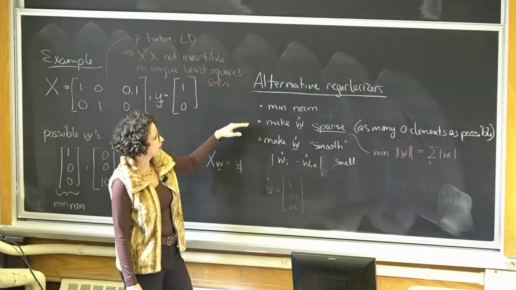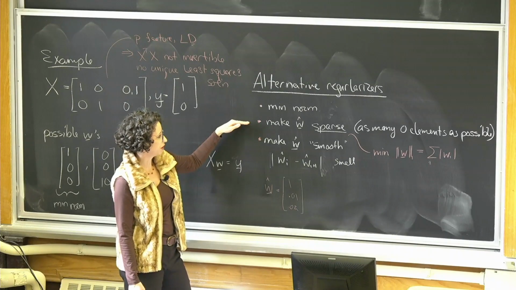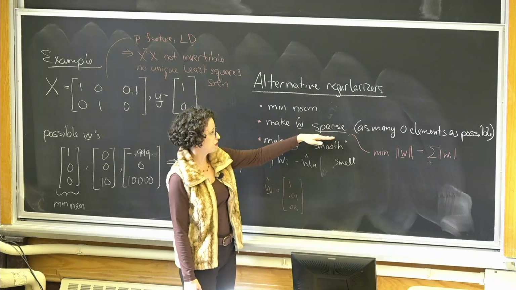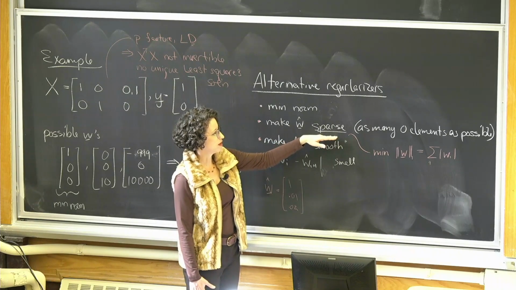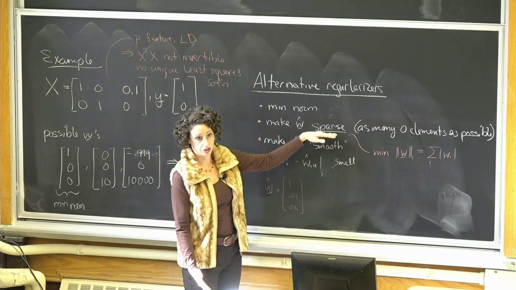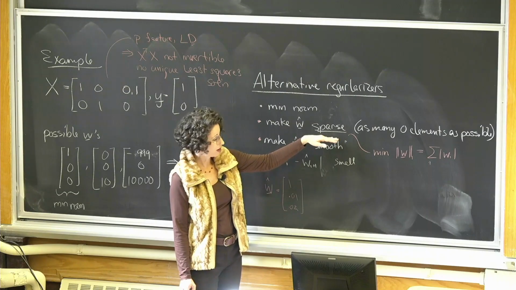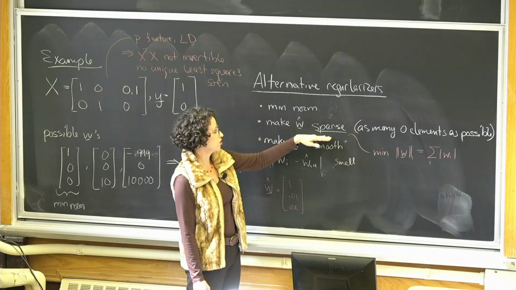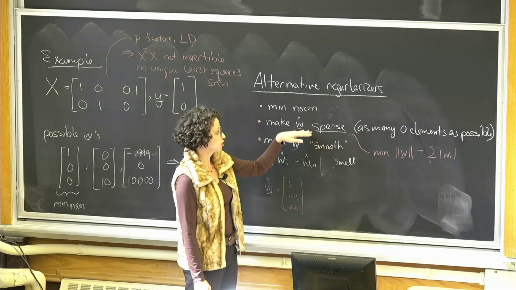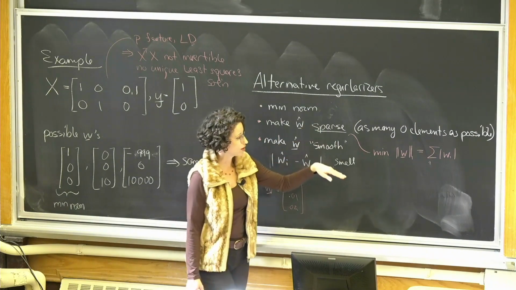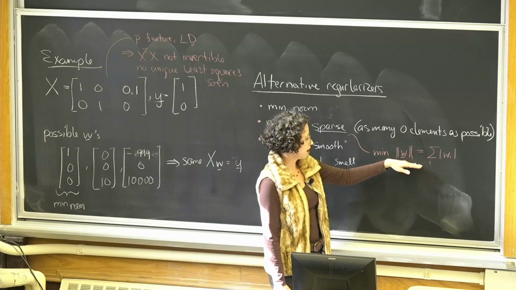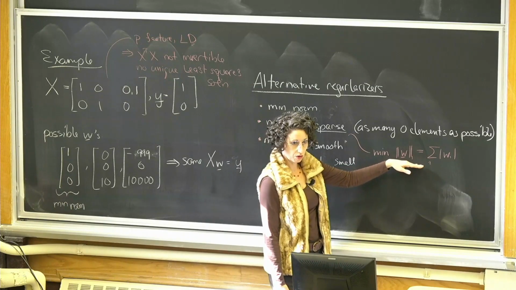So we could say conceptually that what we would like to promote is sparsity, as many zeros as possible. But when it comes to developing algorithms where we can actually solve the optimization problem, explicitly trying to give us sparsity turns out to be computationally hard. And so as a proxy, we will try to minimize the L1 norm.